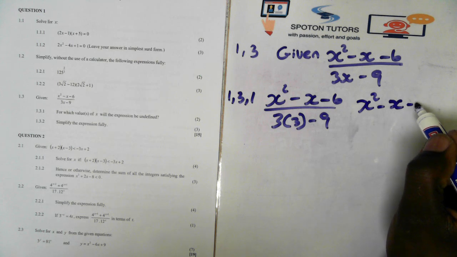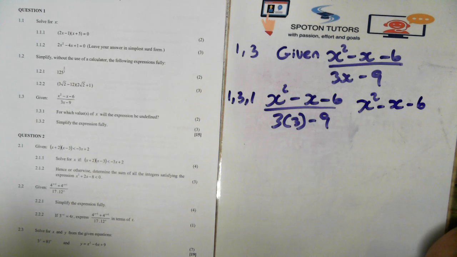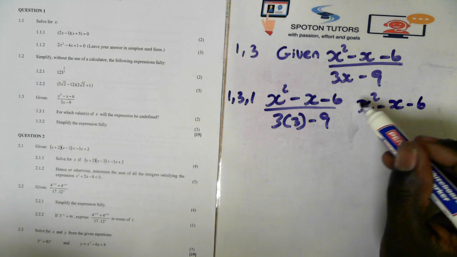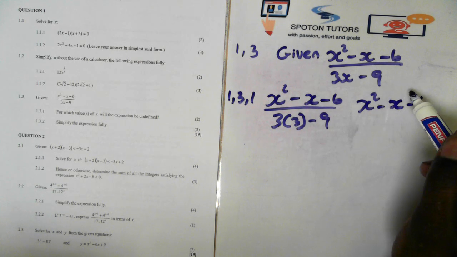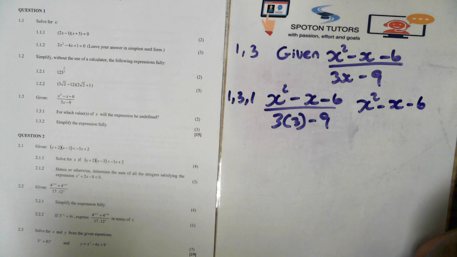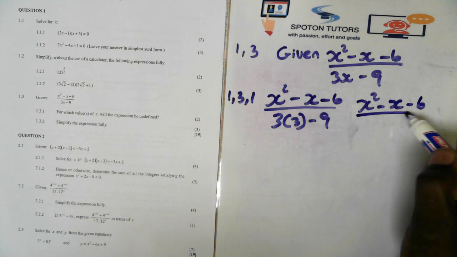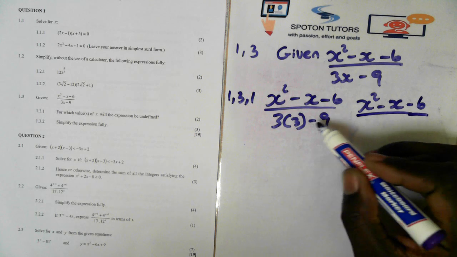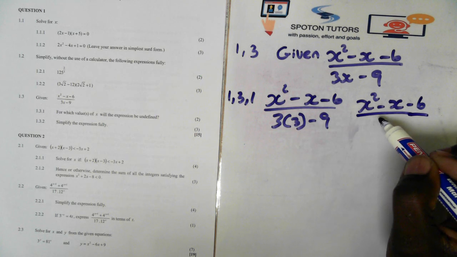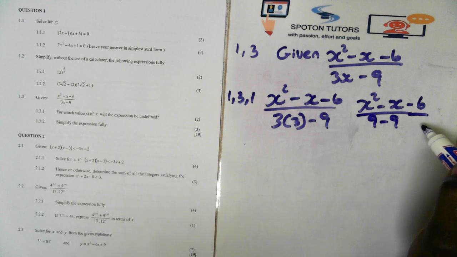You can, if you want, substitute that same x value in the numerator, but that doesn't serve any purpose, and this is just for 2 marks, so don't waste your life with that. Divide. 3 times 3, 9. 9 minus 9, 0. This whole thing collapses and becomes 0.